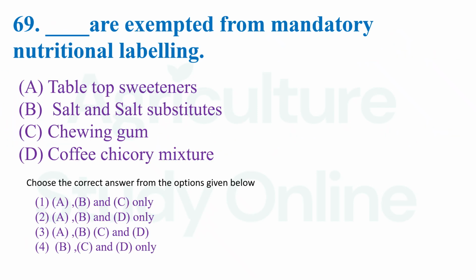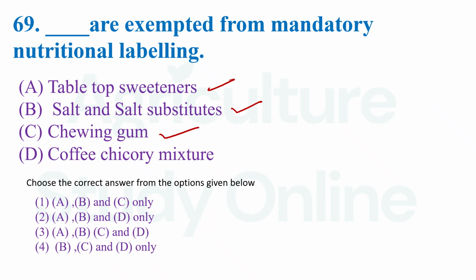Question 69. Dash are exempted from mandatory nutritional labeling. Table or tabletop sweeteners. So it is used in very small amounts. So it is exempted from detailed nutritional labeling. This is true. Salt and salt substitutes. So no significant nutrient, except those of minerals. So it is also exempted. Chewing gums.